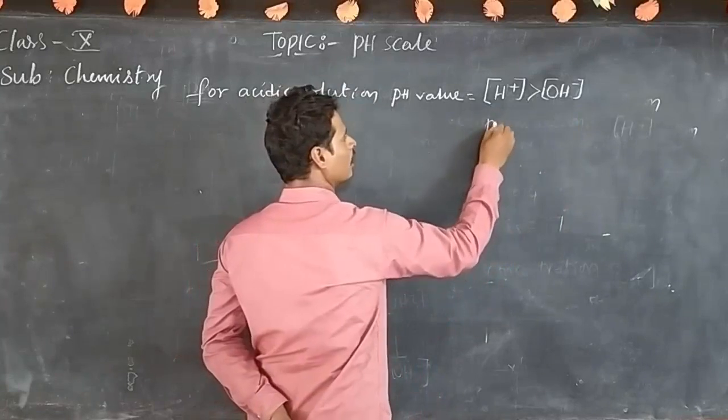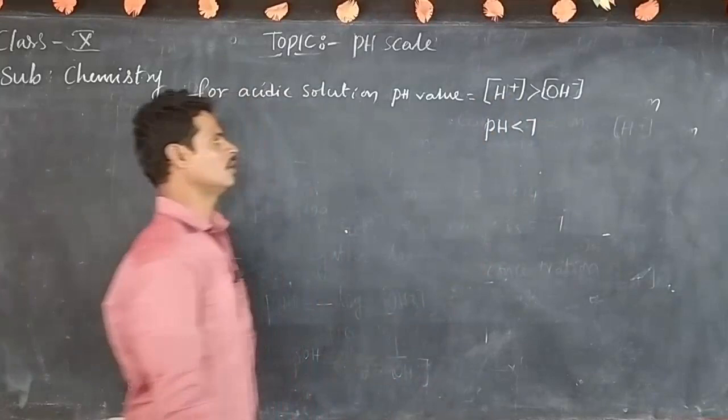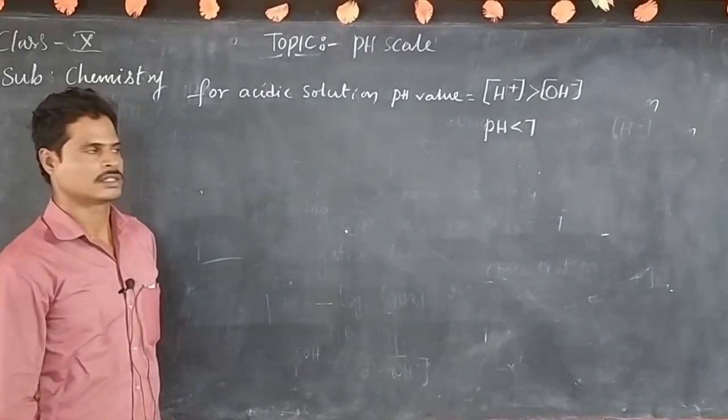So we should write pH less than 7. For acidic solutions, pH is less than 7.